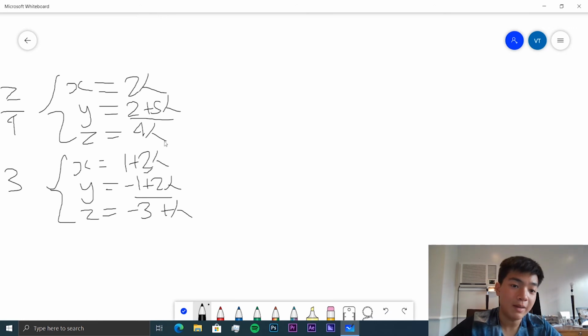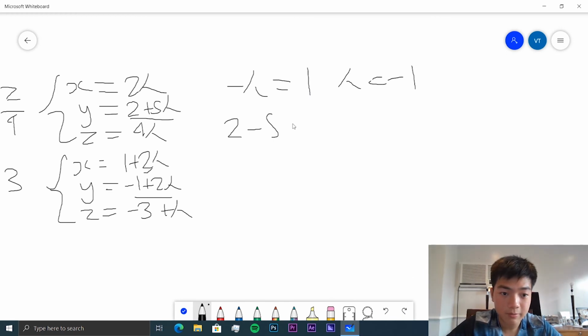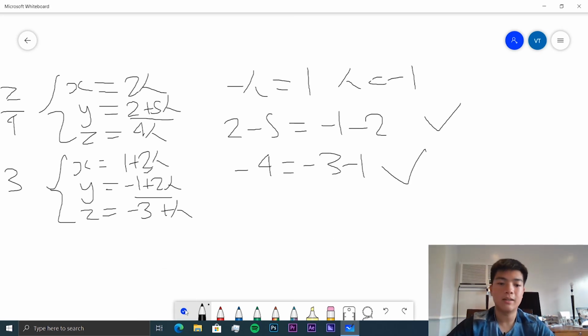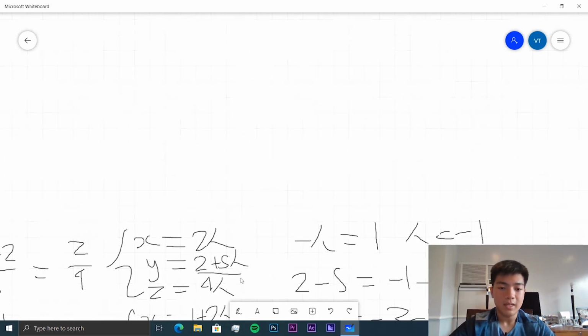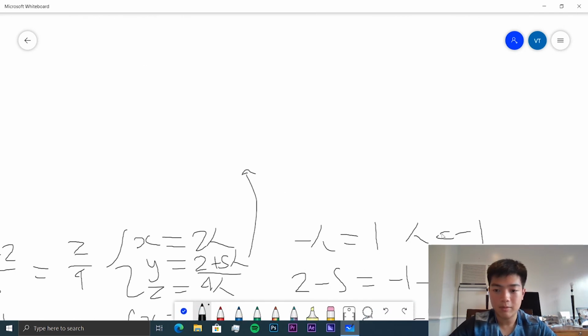We have 2 lambda equals 1 plus 3 lambda, so negative lambda is equal to 1, lambda is equal to negative 1. So we have 2 minus 5 is equal to negative 1 minus 2, which of course it does equal. This is fine. And z is equal to negative 4 is equal to negative 3 minus 1. Okay, so actually all of these lines do intersect.